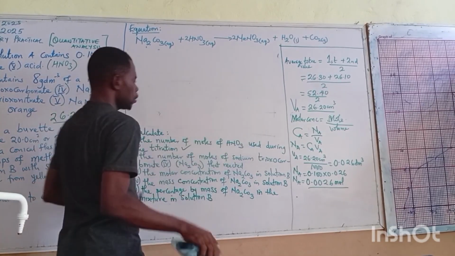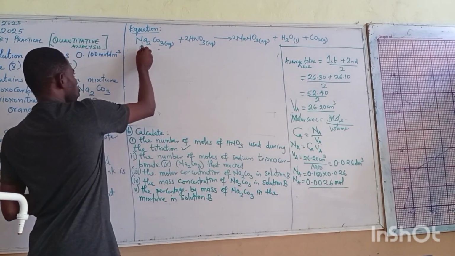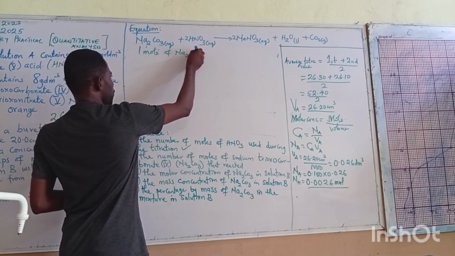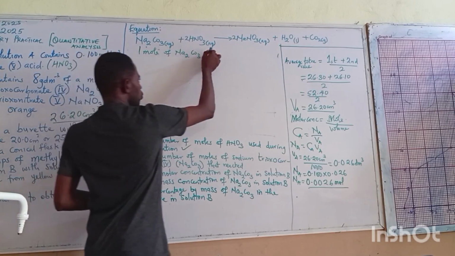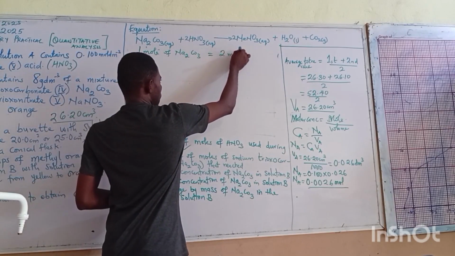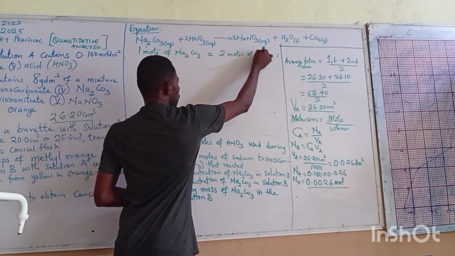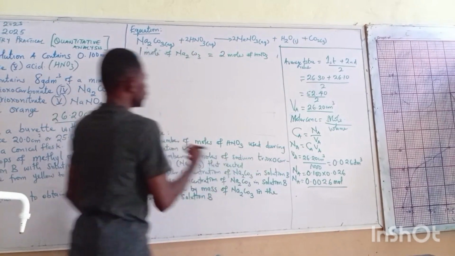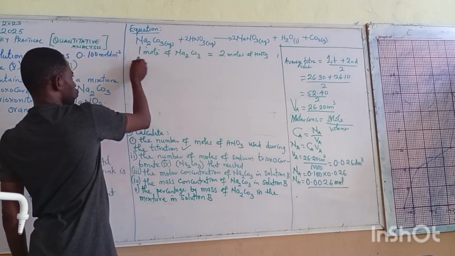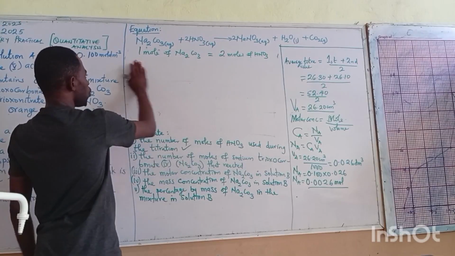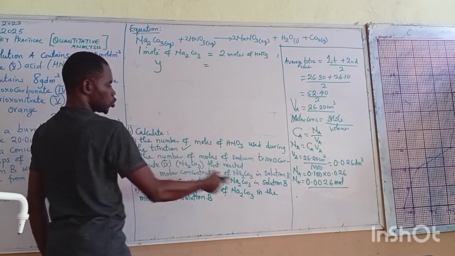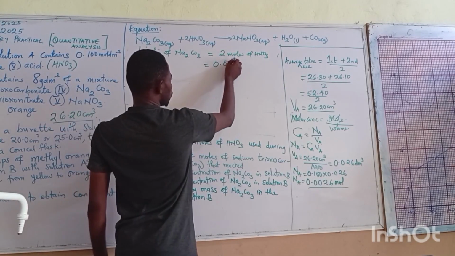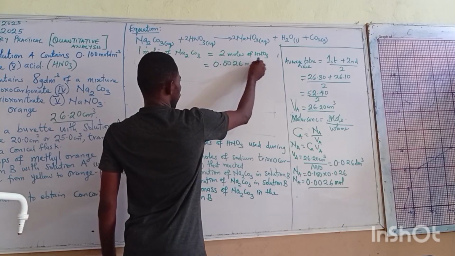Now, here you can see that 1 mole of Na2CO3 is equals to 2 moles of HNO3. Now, how many moles of Na2CO3 will satisfy 0.0026 mole of HNO3?